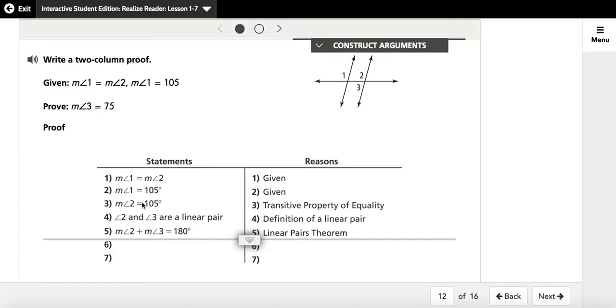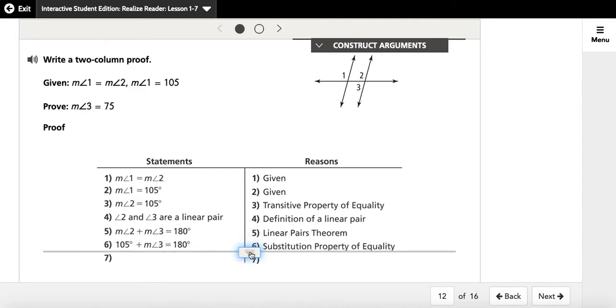Okay? Now look at what we have so far. From statement 3, we have measure of angle 2 is 105. We had they were a linear pair, so then we could say this. So looking at statements 3 and 5, I can see I have measure of angle 2 written twice. I think they're going to combine that in statement 6. Yep.